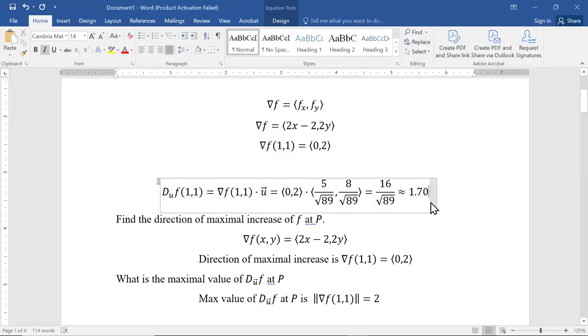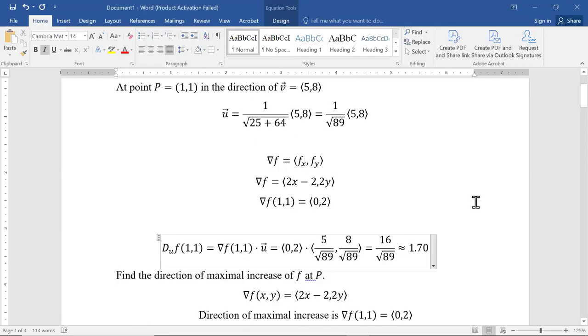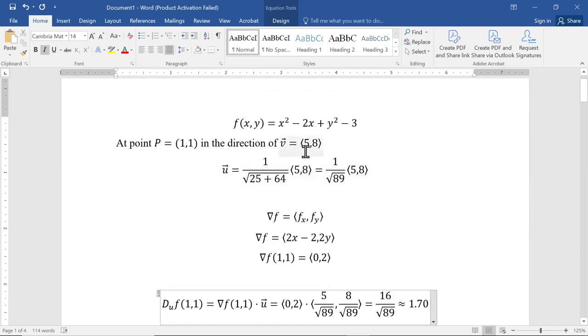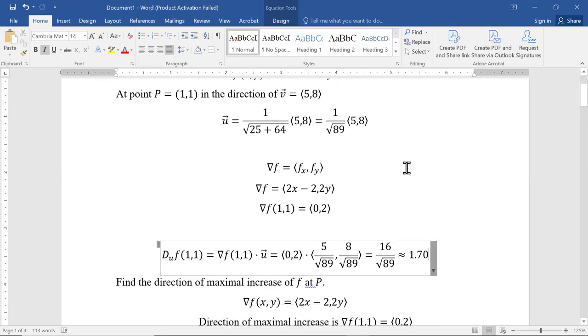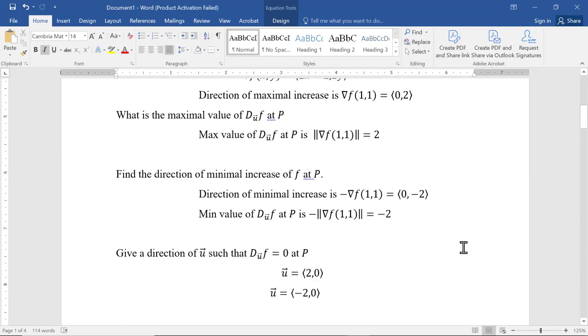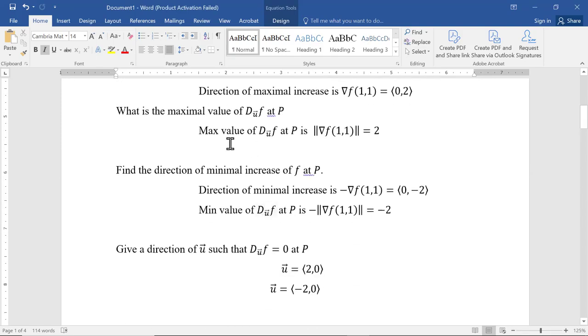Now, before I move along, I did want to point out something, that we already went in a specific direction. We went in the direction of vector (5, 8). That is not in the direction of the gradient, but that's not in the direction opposite of the gradient either. So that's just in some direction. And notice that my directional derivative was 1.70, which came under my maximum value of 2, obviously.